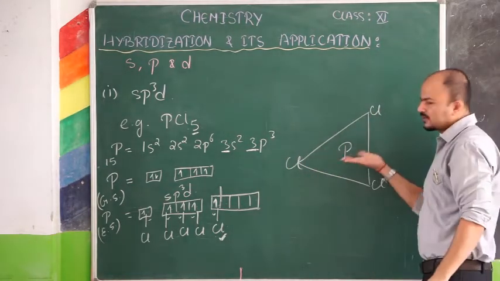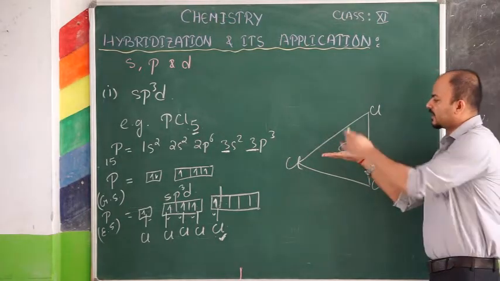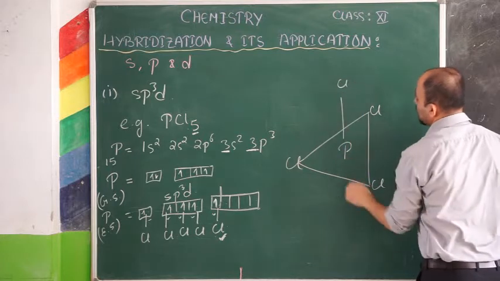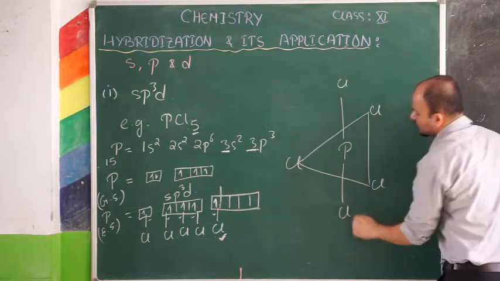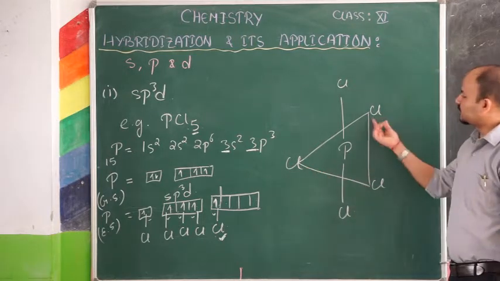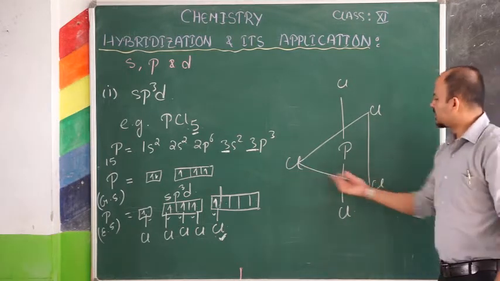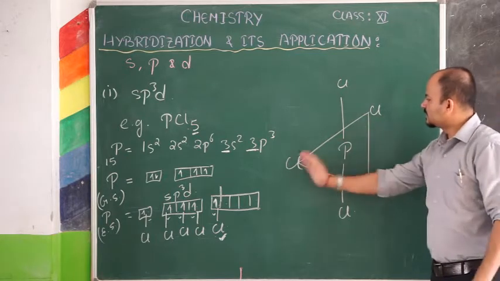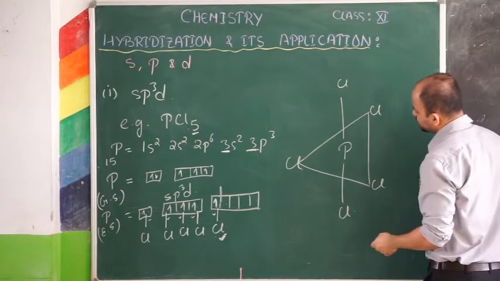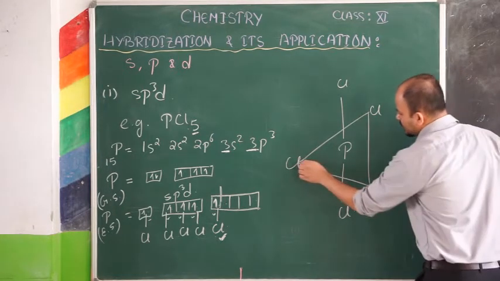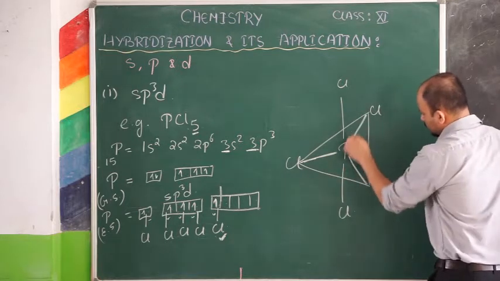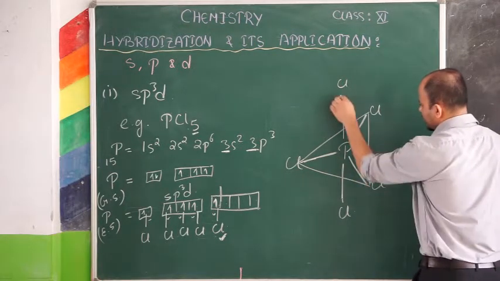These 3 are on the plane, one is above the plane and the other one is below the plane. One chlorine will be forming a bond above the plane and another below the plane. These 3 are lying on the corners of the equilateral triangle, and here you have the bond formation 1, 2, 3, 4 and 5.